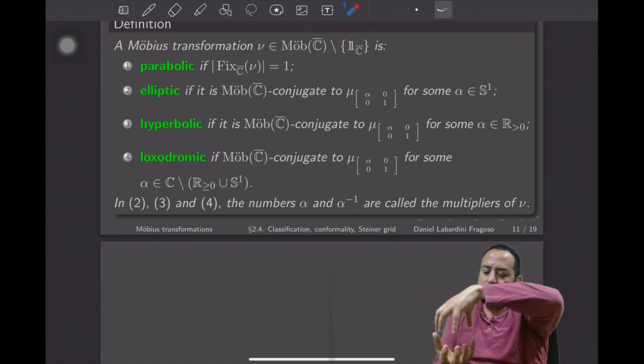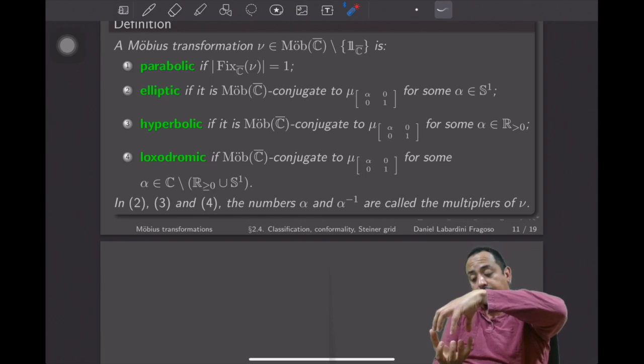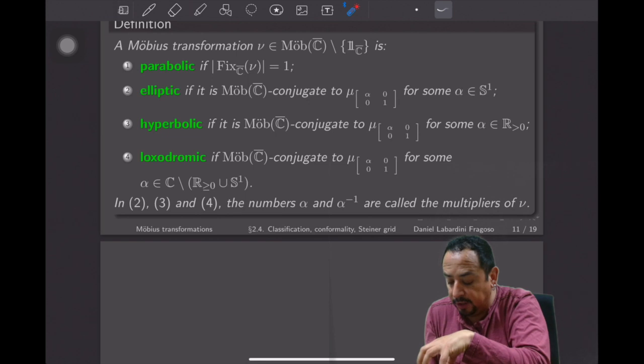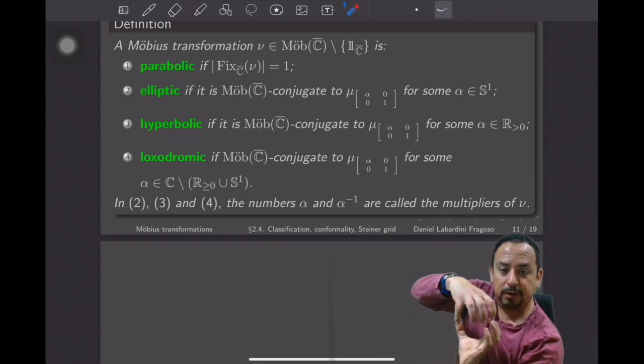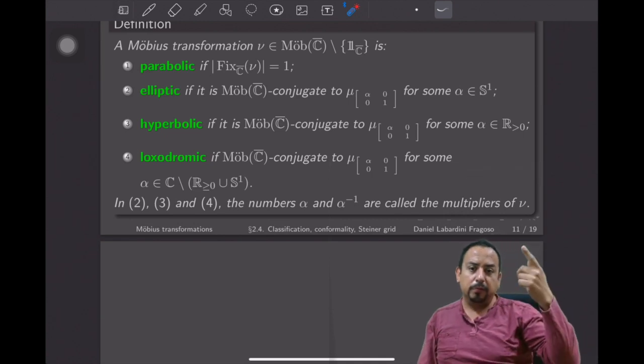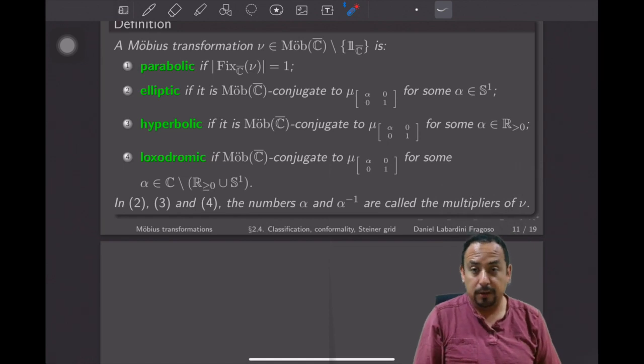So the fact that multiplication by alpha and by alpha inverse are conjugate amounts to looking at transformations that are very similar, and they only differ in that the behavior of one is the behavior of the other, but rotated. And it's a good exercise to visualize what I just said, but directly on the extended complex plane.